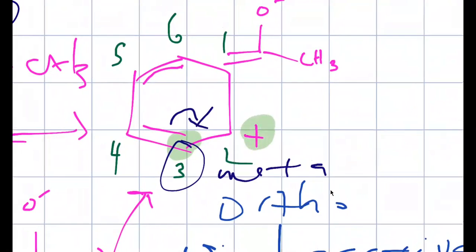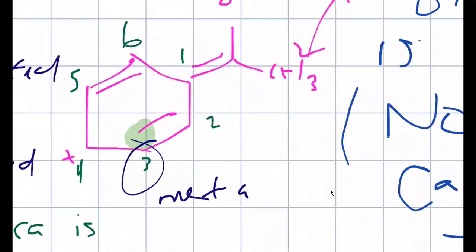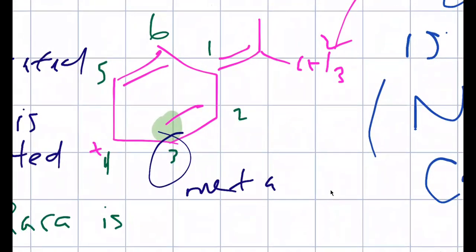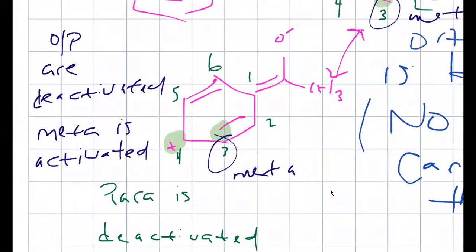And then if we draw the next resonance form, there's a positive charge at the para site. And so I can't add an electrophile where there's a plus charge. All right. Any questions about anything?